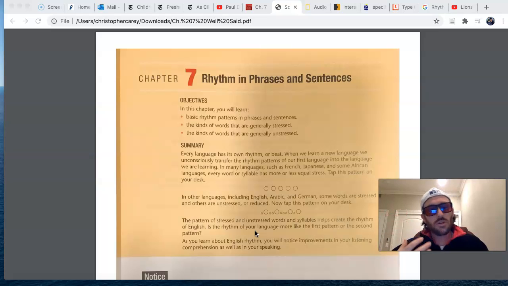And hopefully you'll find that your speaking will improve as well, that rather than using the rhythm pattern of your first language, you'll begin to adopt the rhythm pattern of English as you become more familiar with it. So your speaking hopefully will improve as you'll create that rhythm for yourself.